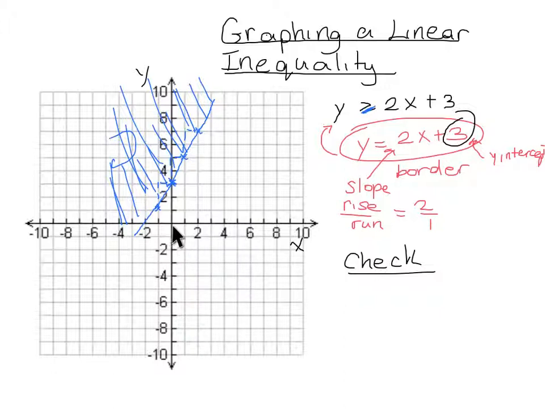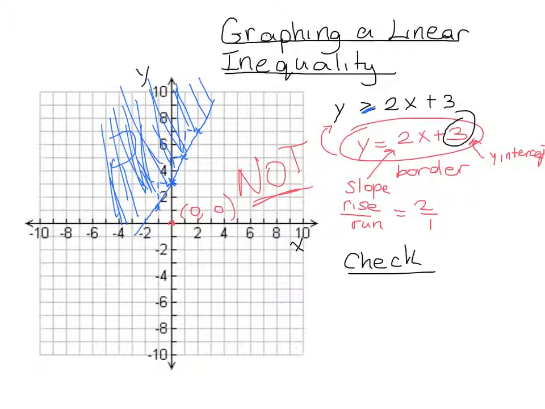Now, you might notice I was pointing to 0, 0. That's because 0 and 0 are really easy and quick numbers to plug in. So I'm going to test that point, 0, 0, which should not be a solution. But I'm going to test it to make sure it's not. And if it isn't, then we can be sure that we have shaded the correct side of our line.